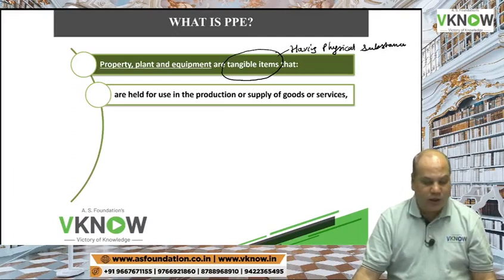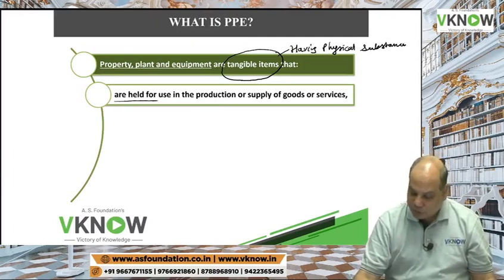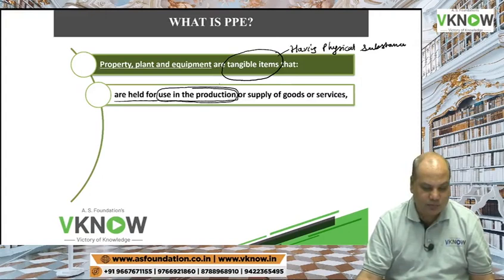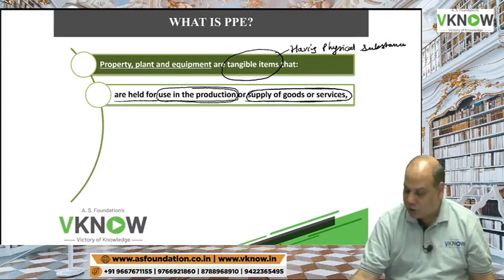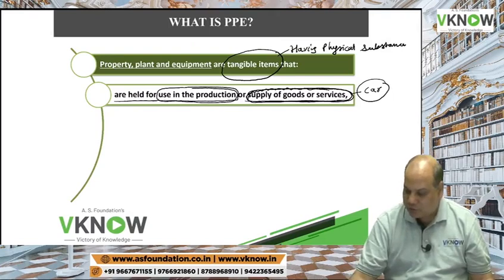When is an item called PPE? When they are held for use in the production. So usually machine, plant, factory, building, or they are for supply of goods or services. So there are a lot of assets which are useful in supply of goods or services. So my car is for providing service.